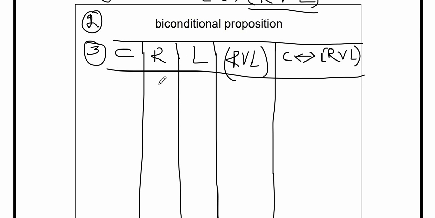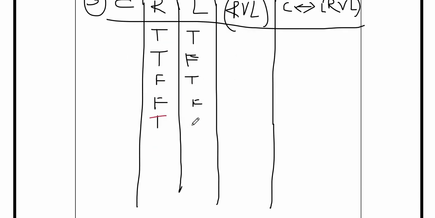Okay, now let us create the truth table as always we do. TT, TF, FT, FF. Then again TT, TF, FT and FF.